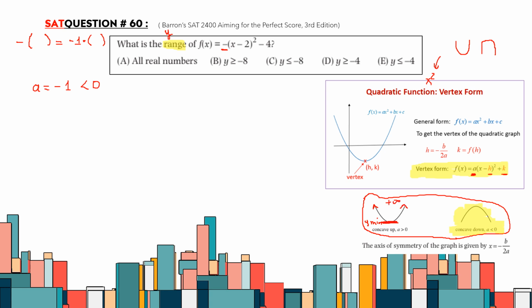If it goes down, this is the highest point, so I call it y max, and then the graph goes down forever, to negative infinity.